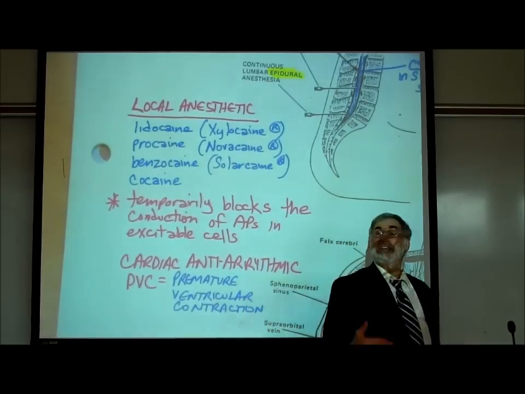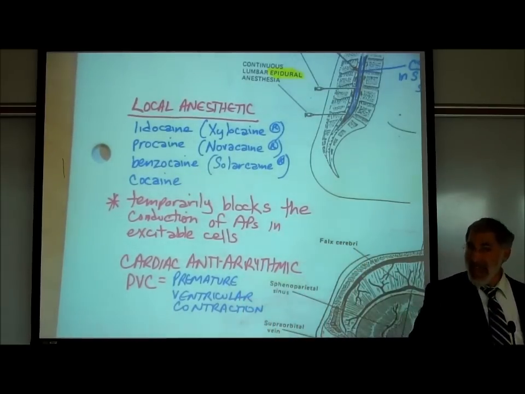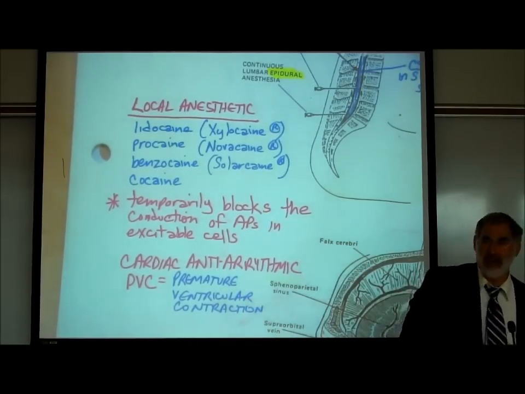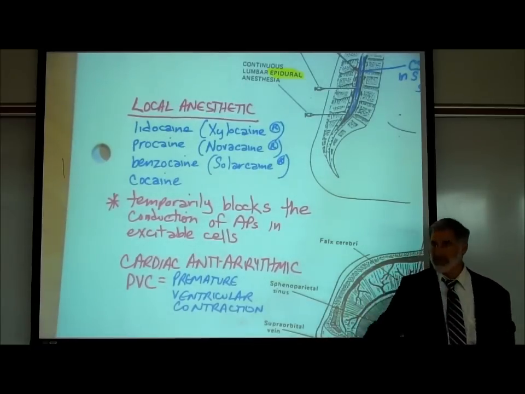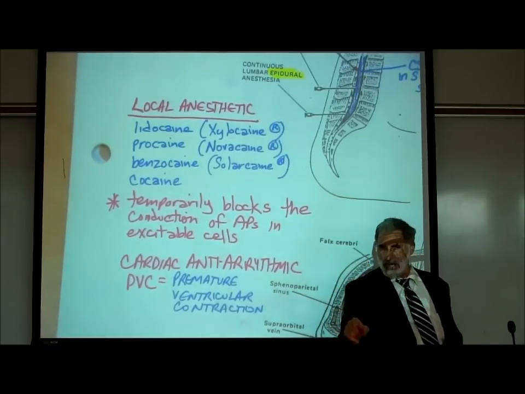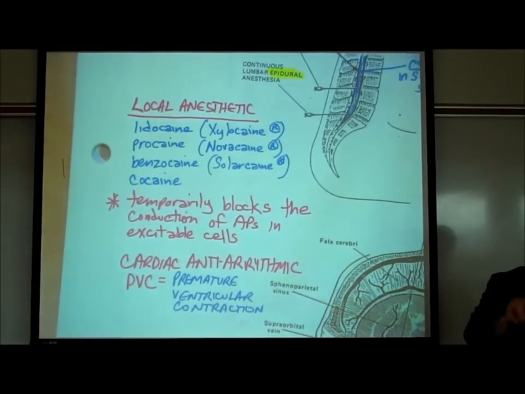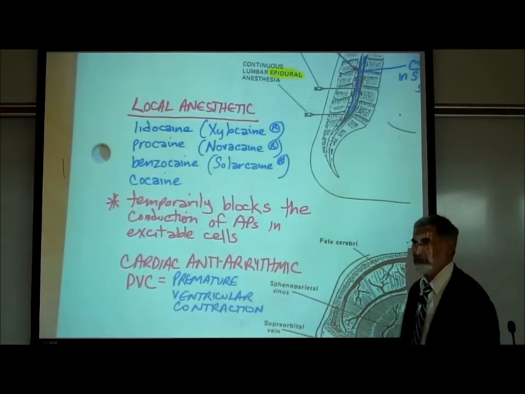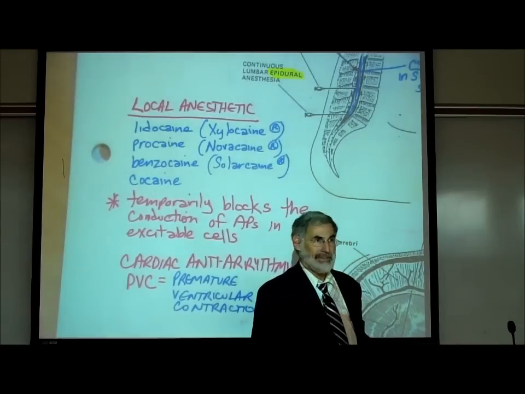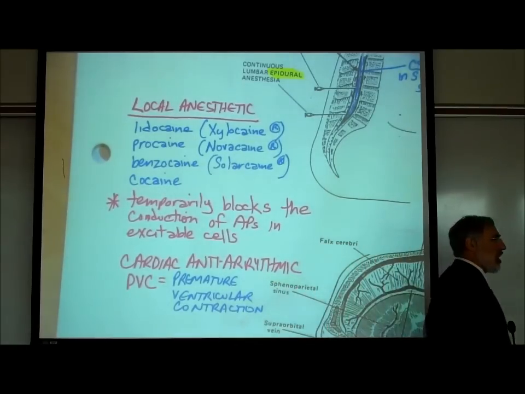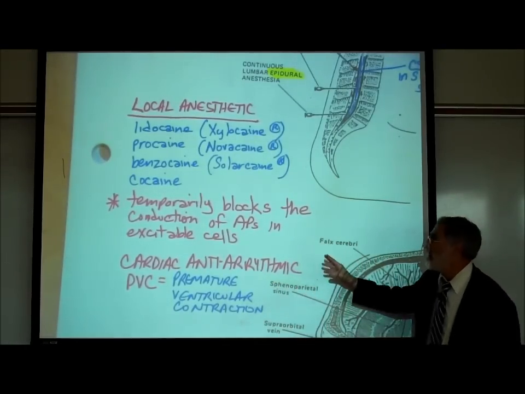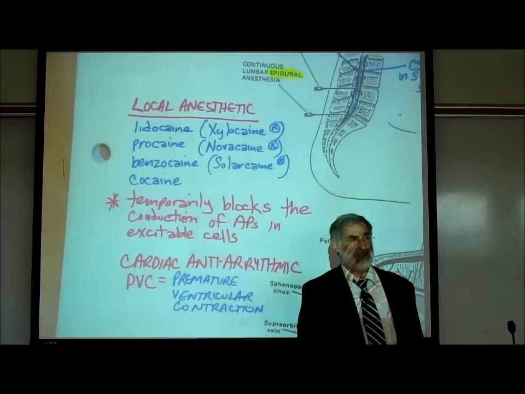Nerve cells and muscle cells both conduct action potentials. And that includes heart muscle cells. Heart muscle cells are also muscle cells. So all nerve cells and all muscle cells are affected by local anesthetics.